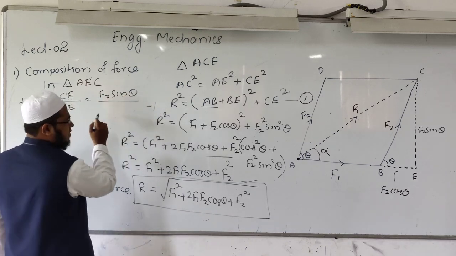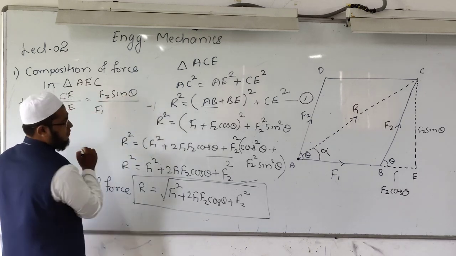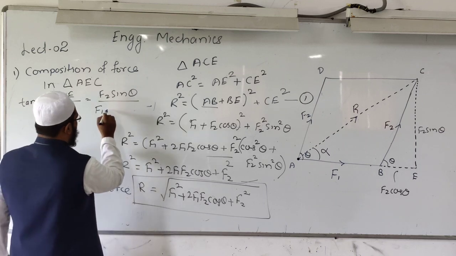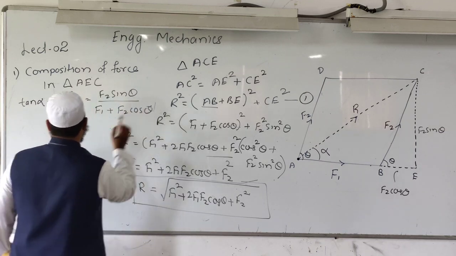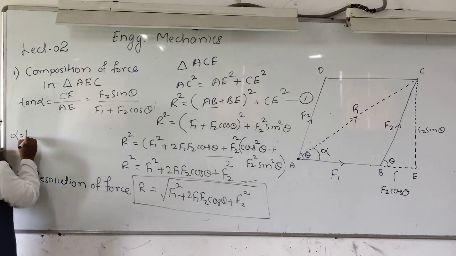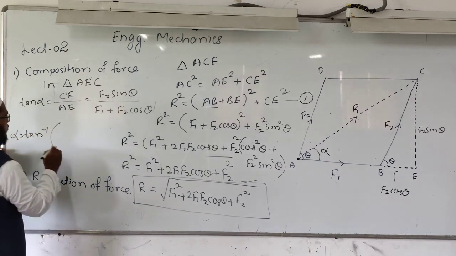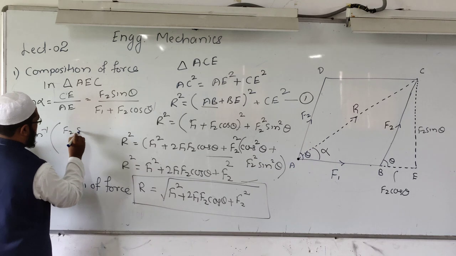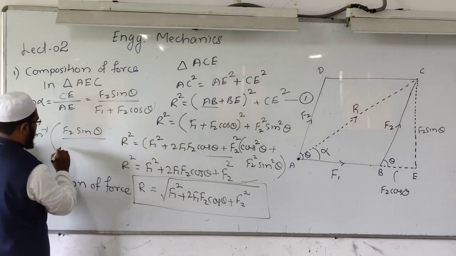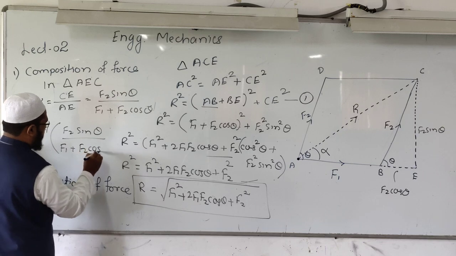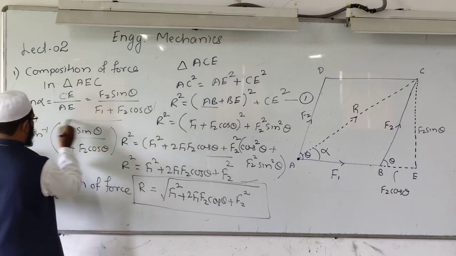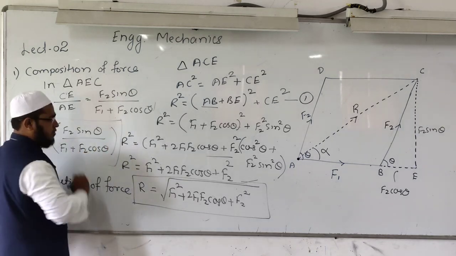Therefore AE is the addition of AB and BE, F1 plus F2 cos theta. Therefore alpha equals tan inverse of F2 sin theta divided by F1 plus F2 cos theta. That is the direction of the resultant.